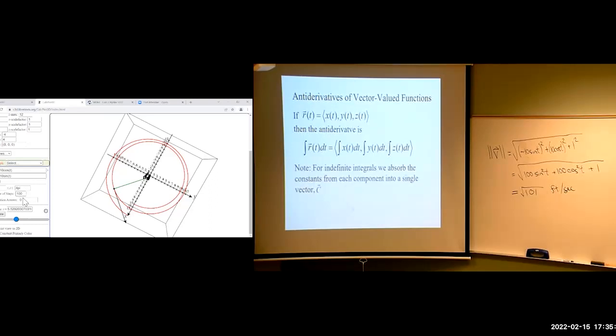Now, if we do not have an initial condition, we do have to still observe the plus C because we have a general antiderivative. But you can just put a plus C with a hat on it, and that's representing a constant vector at the end. Or you can put a C on each component, that'd be fine too. If you do a C for each component, make sure it's like C1, C2, or C3, or A, B, C, because they can all be different values.